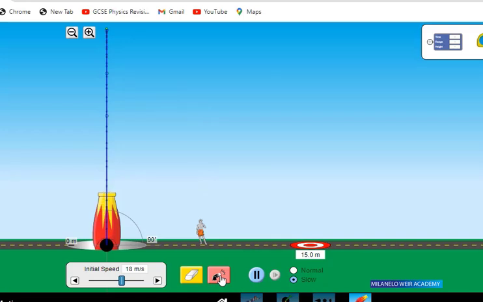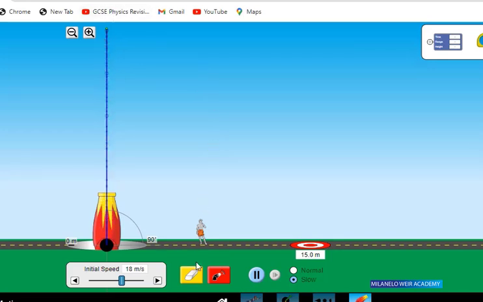Yes. What can you say? Now look at the speed of the object just after being released, and compare it to the speed towards the highest point in the upward direction.